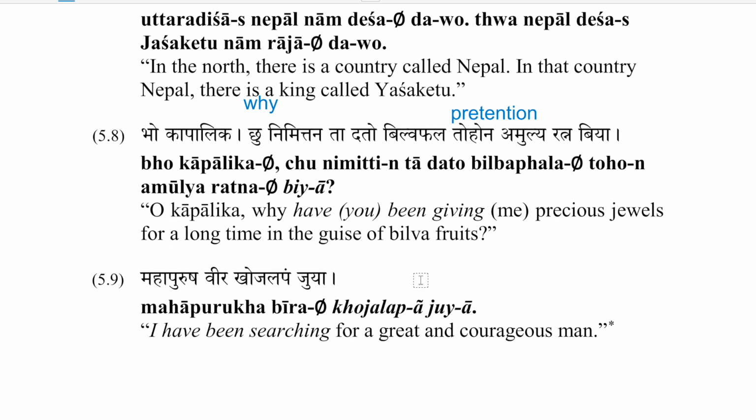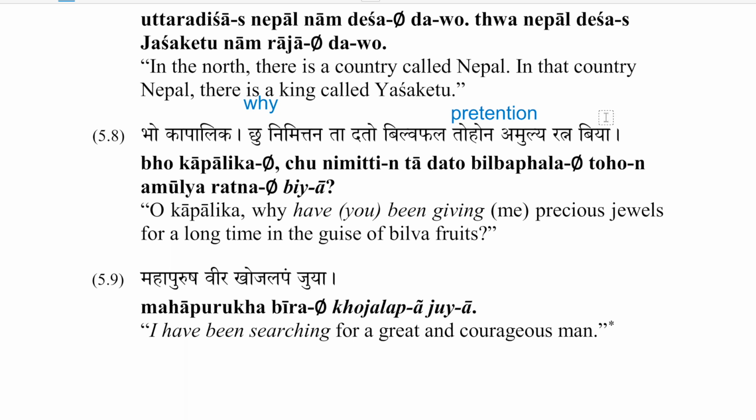So the king here was asking, "Oh, Gabaliga, why did you give me the jewels, Amulia Radana, the invaluable jewel, inside the bilava fruit, in disguise?" Amulia is the precious, invaluable, Radana is the jewel, and Bia is the perfective participle of Ba, and this one is a conjunct. So we see it's an interrogative sentence and it's second person: you, why are you giving me this?